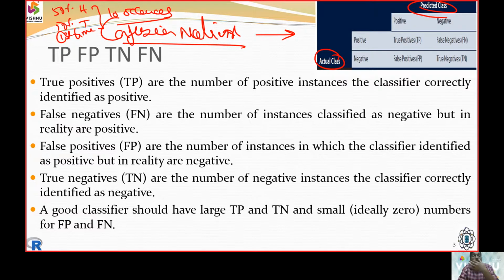It won't be like that. So there will be chances of misclassification. How much misclassification is there? How accurately has a classifier classified? Another example: tomato basket, potato basket.